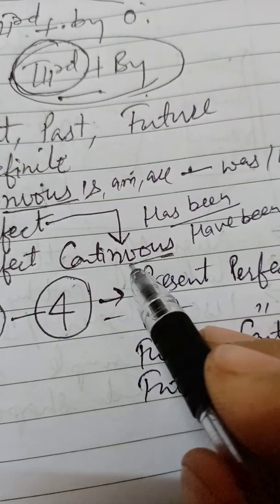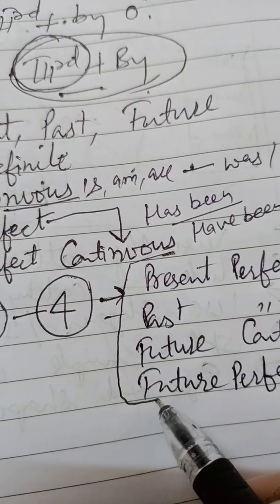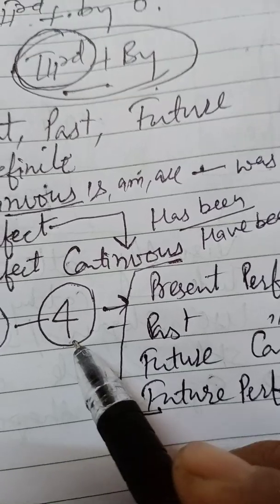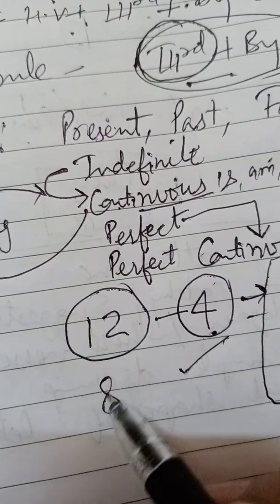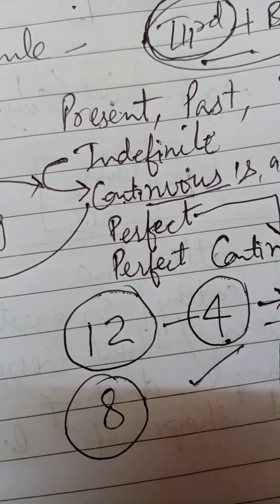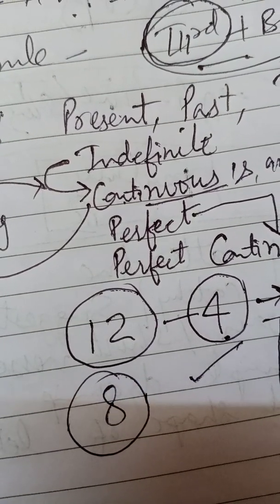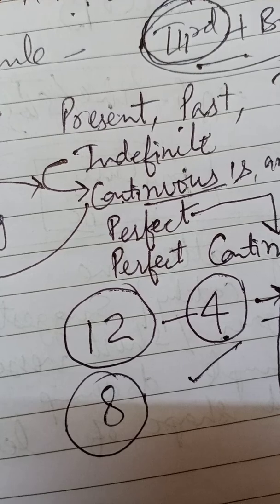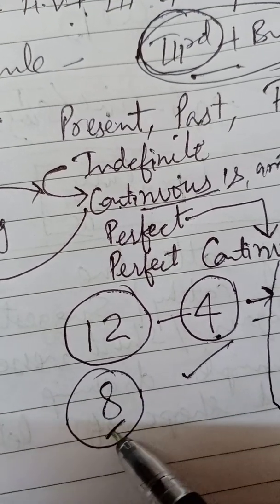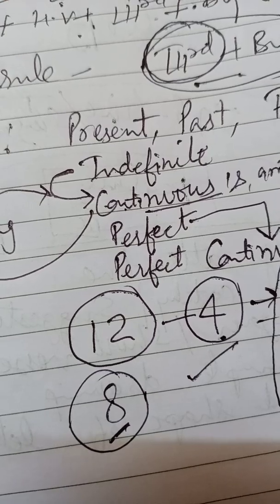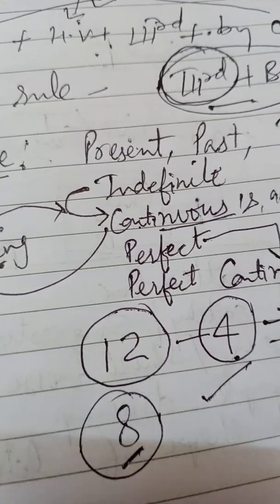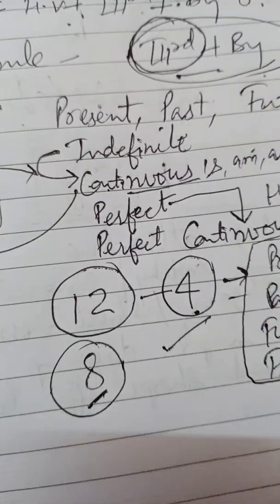So these are the 4 tenses that do not change from active to passive. So in total we have 8. Got my point? So we will be using these 8.